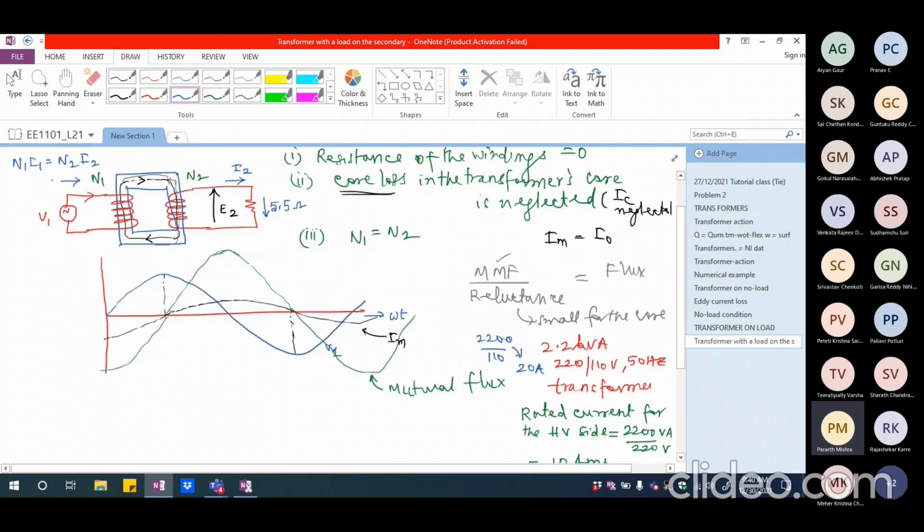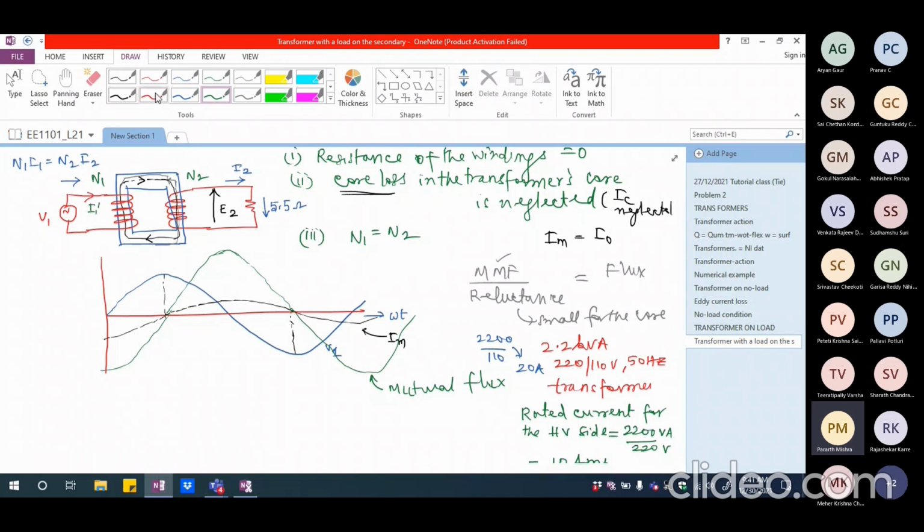So originally, although only 5% of current was flowing through the transformer, now 100% current will flow through the transformer windings to ensure that the load current is supplied appropriately from the primary side and yet the flux is not killed. So the current that I see, either I2 or let me call this I1 dash, which is reflected on the primary side, is going to be somewhat like this.